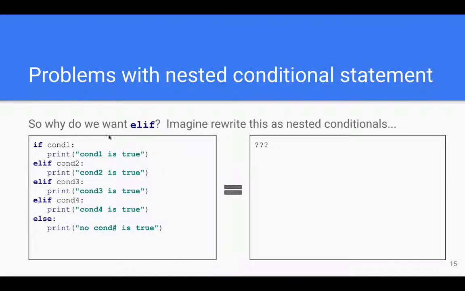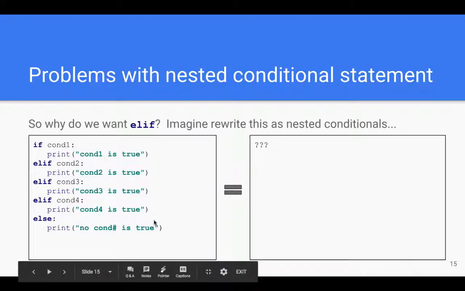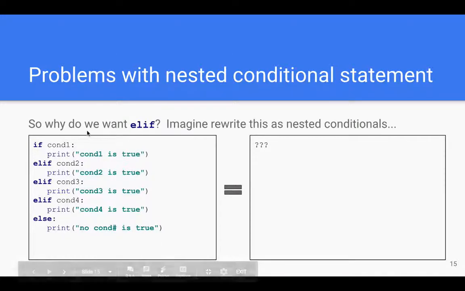So remember the example that I came up with in our last lecture to show how you can have multiple elif in a single conditional statement. Well, think about how you might rewrite this whole thing using nothing but if and else.